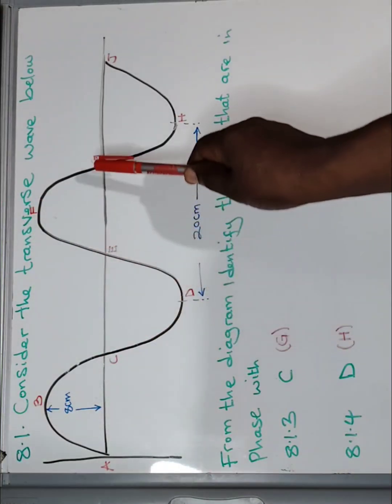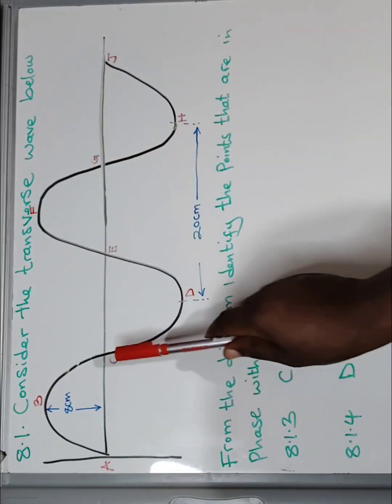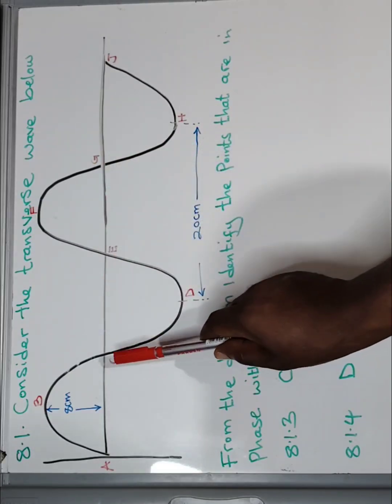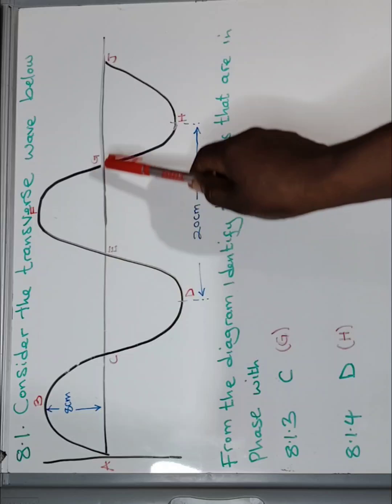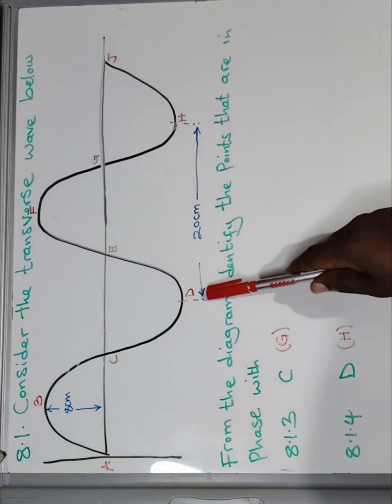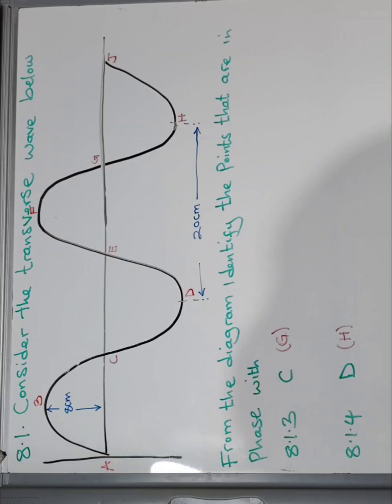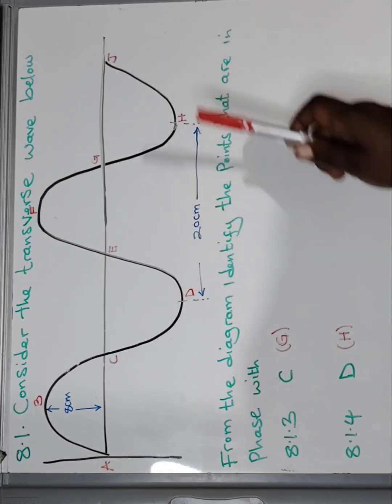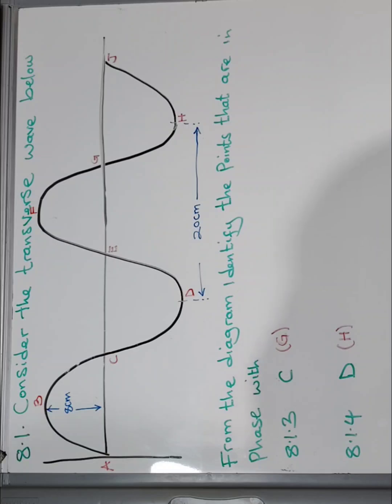C and G are next to each other and in phase, so the distance between C and G is lambda. D and H are in phase and next to each other, so the distance between D and H is lambda. And that is that. So let's see what comes next.